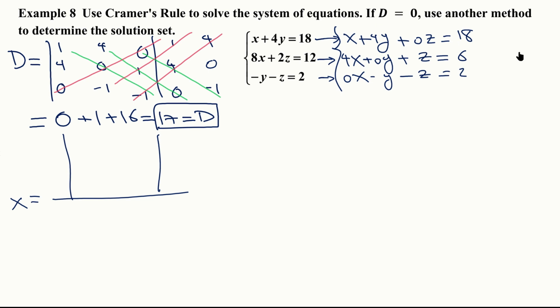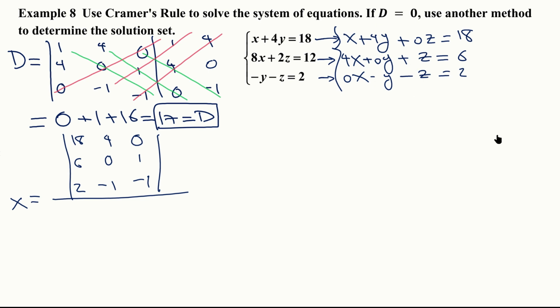So 18, 6, -2. I mean, +2. And then the Y and Z coefficients remain. So 4, 0, -1. And 0, 1, -1. Quick check. 18, 6, 2 for X, 4, 0, -1, and 0, 1, -1.